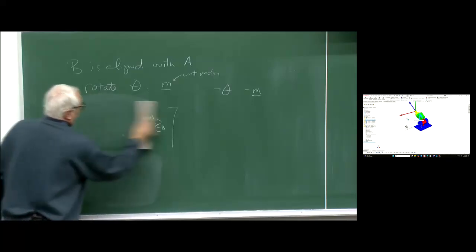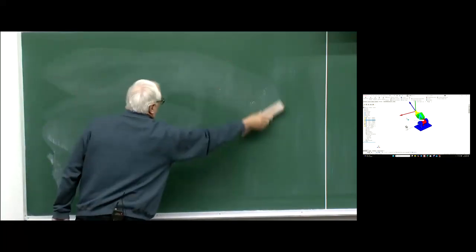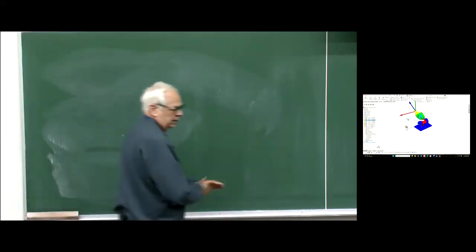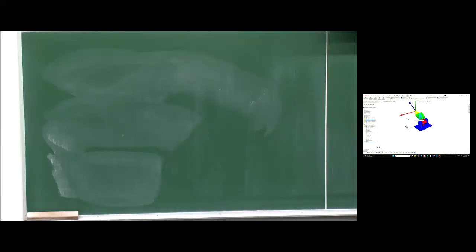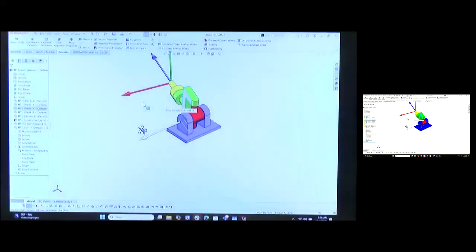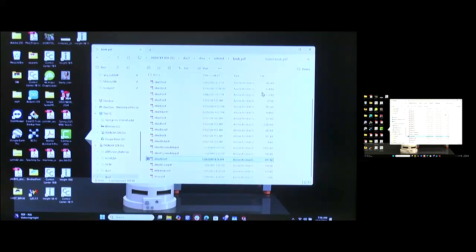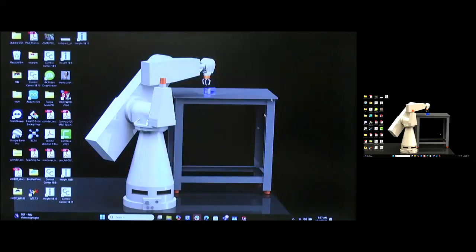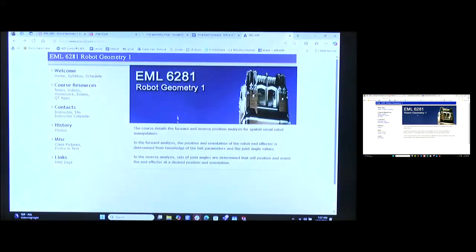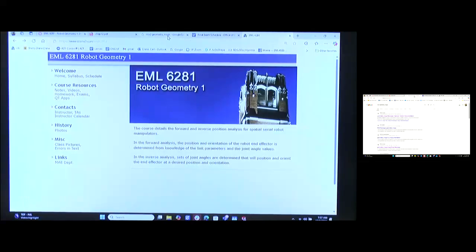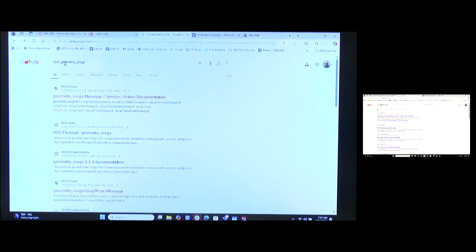Oh, another one I want to show is, a lot of times when we're building up systems, whether they're manipulators or autonomous vehicles, we have multiple processes running on the computer and they intercommunicate, sending data to each other using what's called ROS, the robotic operating system. So I went to Google and said ROS geometry messages and this came up.